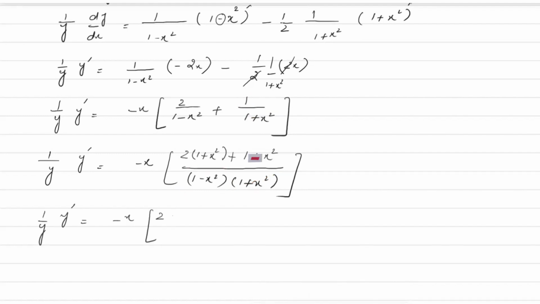Open this, it would be 2 plus 2x square plus 1 minus x square, by (1 minus x square)(1 plus x square). As you know, y is in the denominator over there, when it goes to the other side of the equation it will be multiplied. So here I am writing y as well.